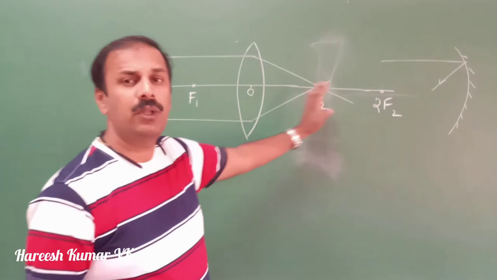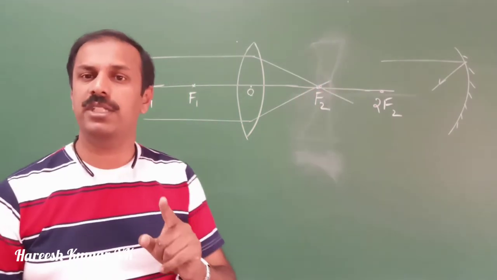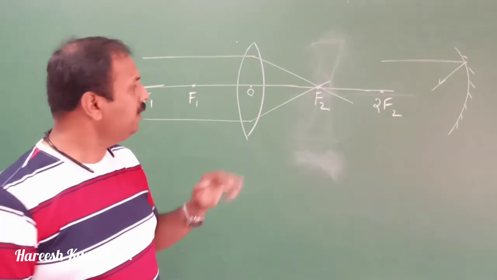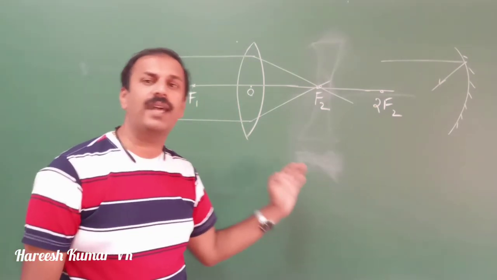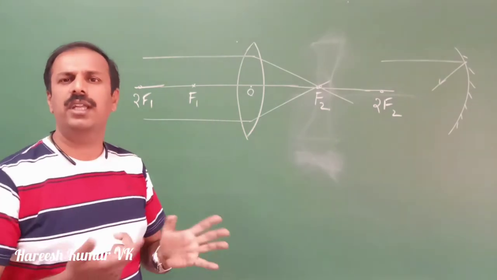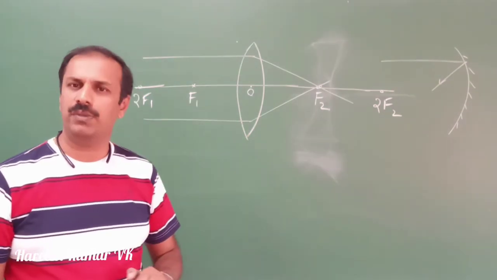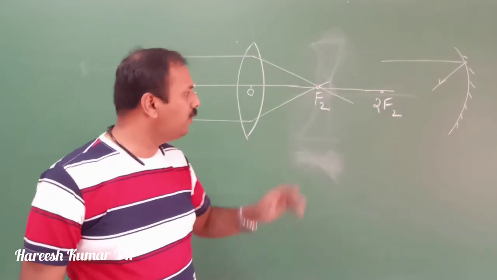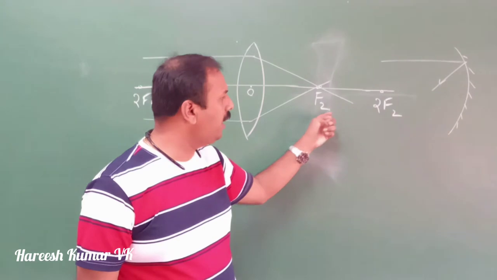So here, there is no importance for the center of curvature. We have 2F, which is 2 times focal length. Okay, and the radius of curvature of this side and that side can be different also. That's why we are not mentioning it here. When you are studying in 12th standard, we will discuss the radius of curvature and all. Here we study about F1, F2, 2F1 and 2F2.